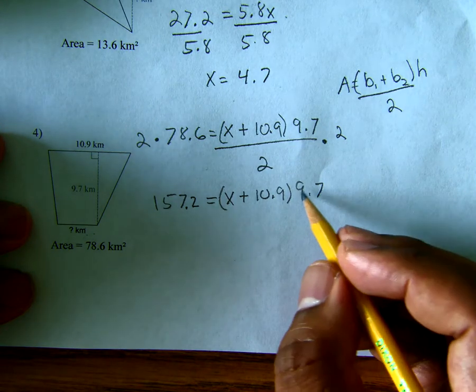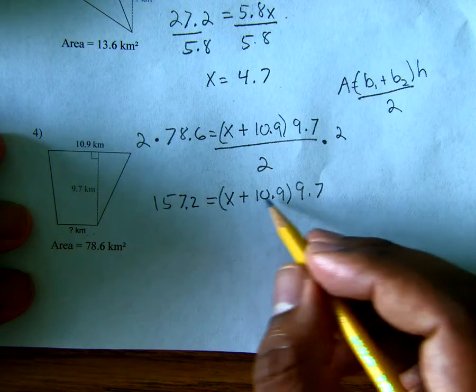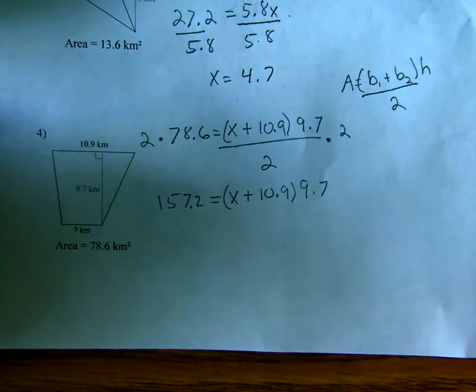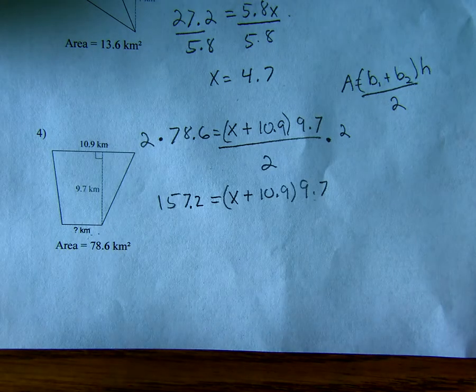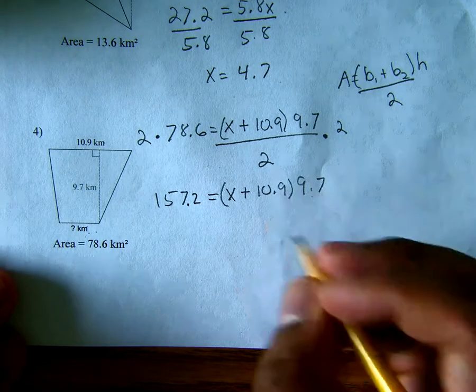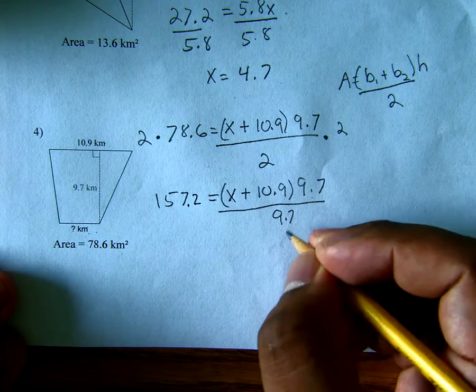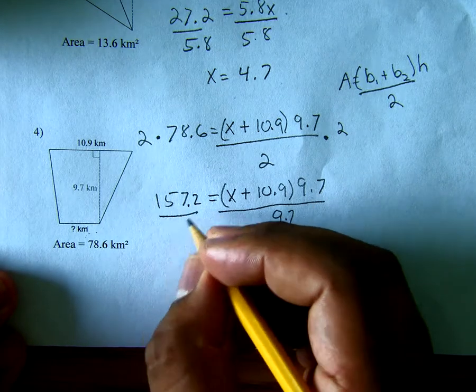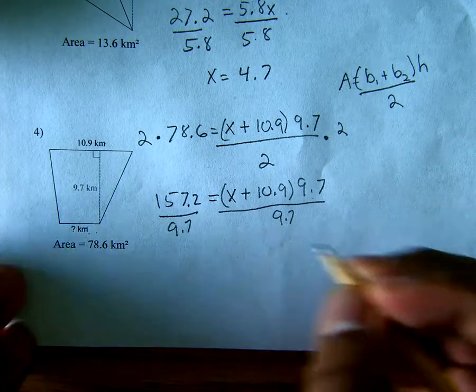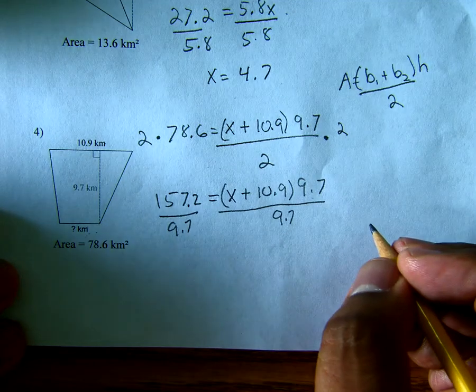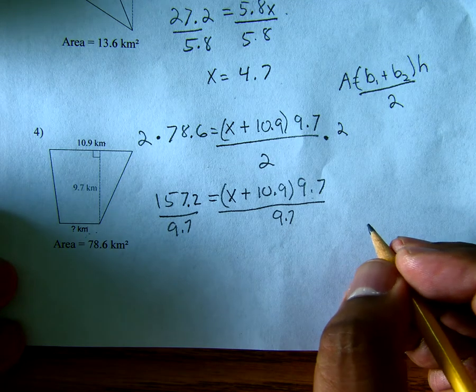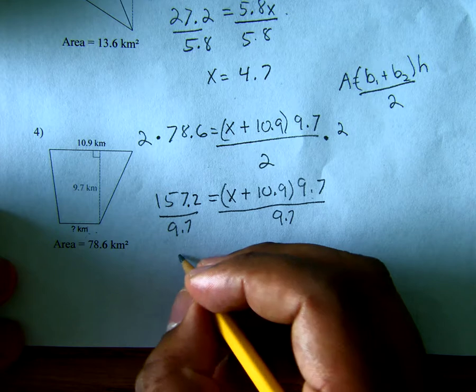Now, this expression is multiplied by 9.7. So what I want to do here is go ahead and divide by 9.7. So those will cancel out here. So I've got to do the same thing on this side. And that'll give me 16.2.